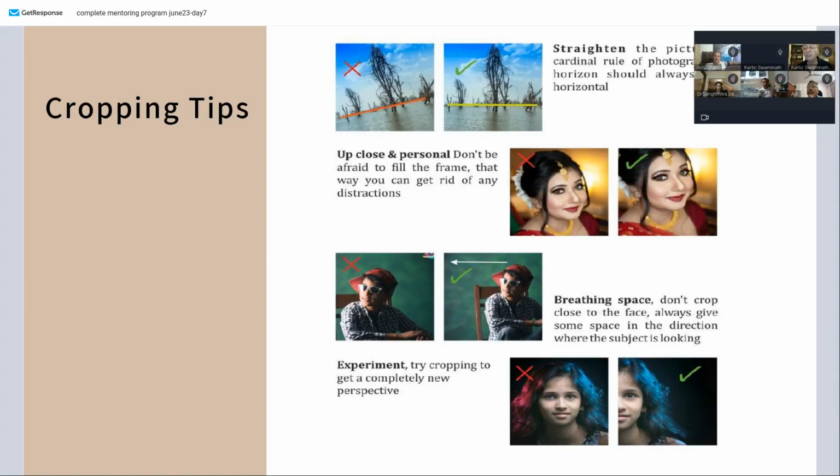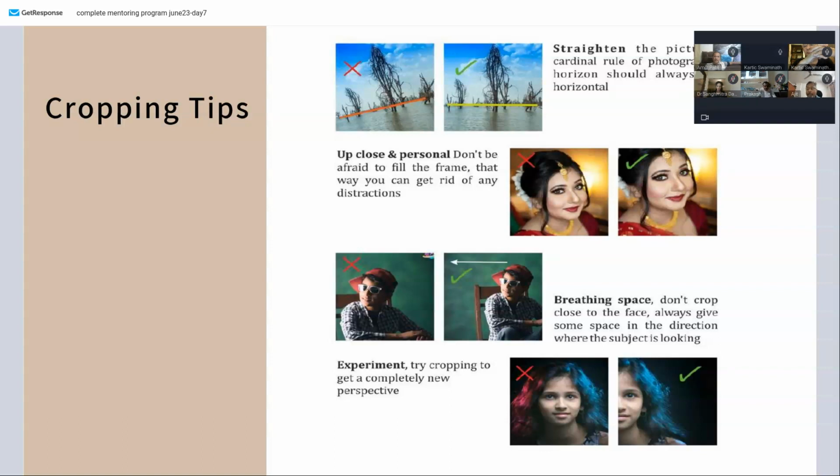Before we start with the editing part, we have a couple of more slides to complete, in continuation with the art of photography, so cropping tips. Whenever you click a photo, you should take care of these important things.